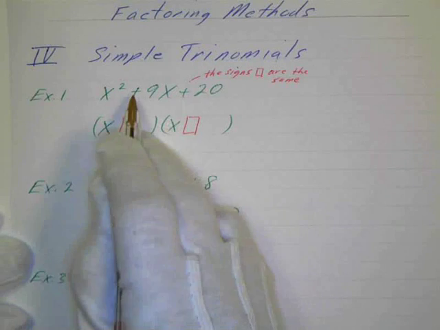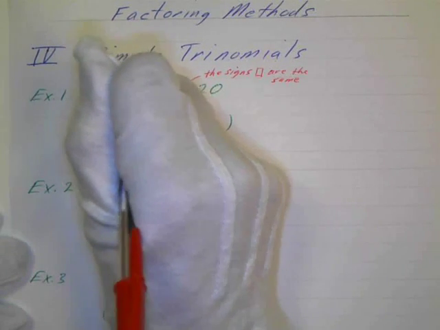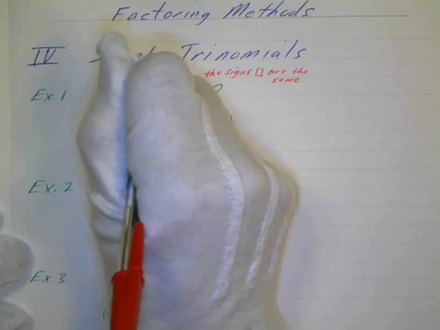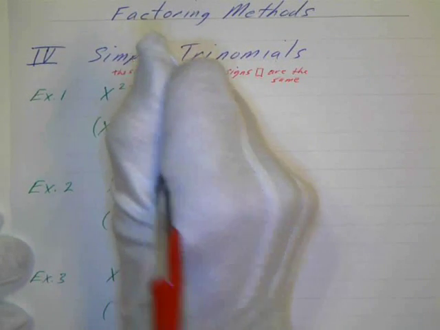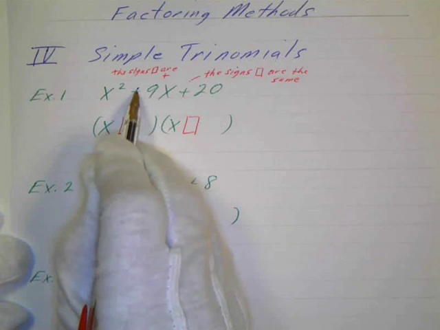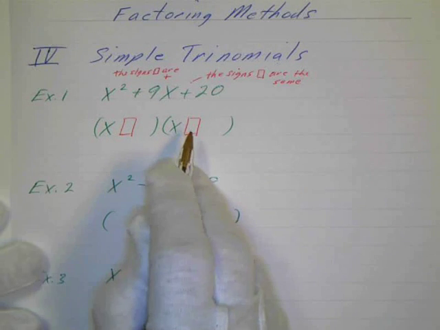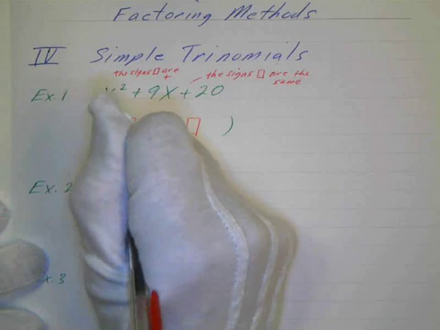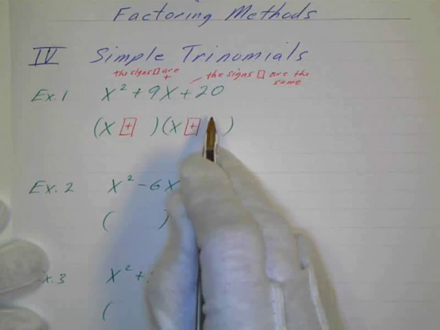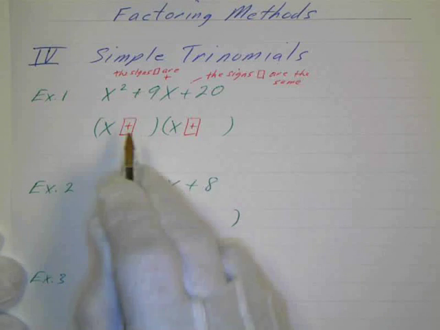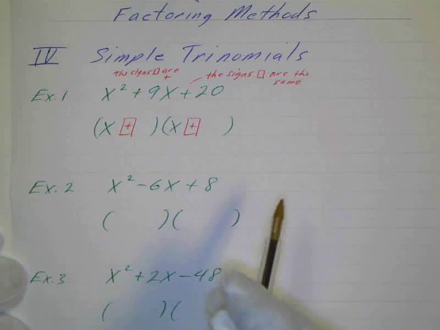Now, what are they? This sign tells me what they are. The sign is positive, so now I know that these signs are both positive. Okay. The signs are the same because I got a positive, and since this is positive, they both have to be positive.